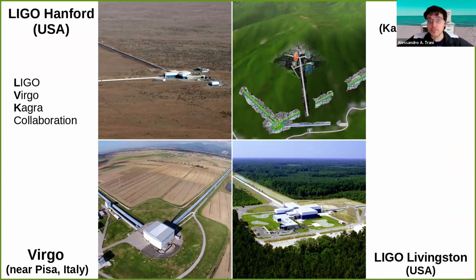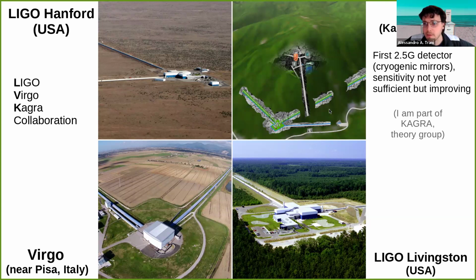We have at the moment four gravitational wave detectors run by the LIGO-Virgo-KAGRA collaboration. These are the four main detectors. Two are in the US, one is in Italy, and the fourth one is in Japan, in the Kamioka mines next to the neutrino experiments. And I'm actually part of the KAGRA collaboration, the theory group.